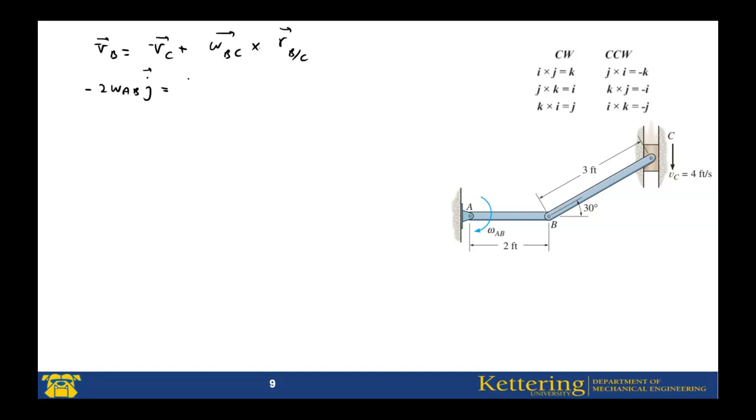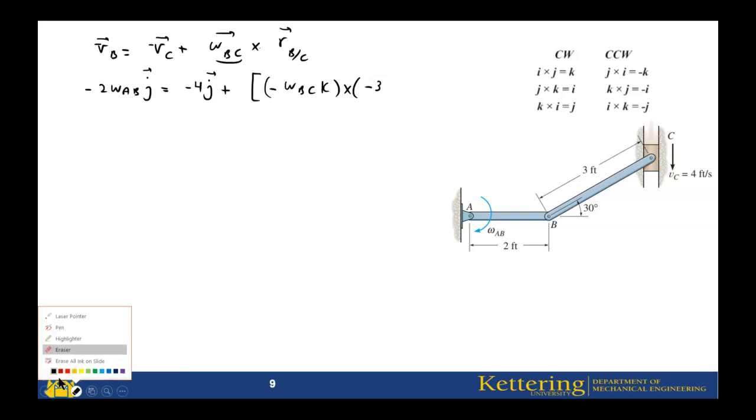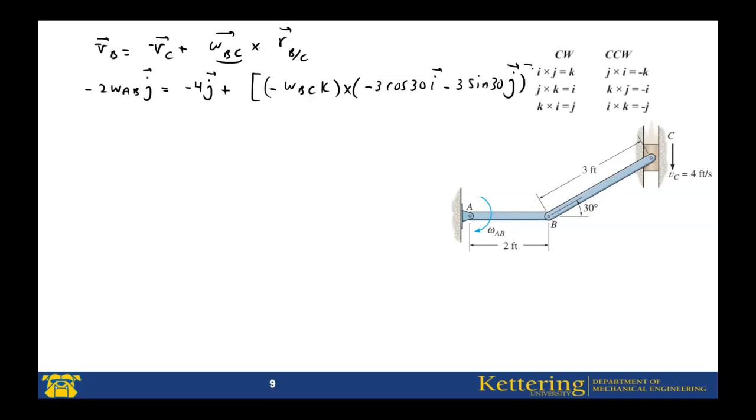VC is minus 4j. Omega BC is minus omega BC k, cross product with minus 3 cosine 30 i minus 3 sine 30 j. I just substitute the previous vectors we found.